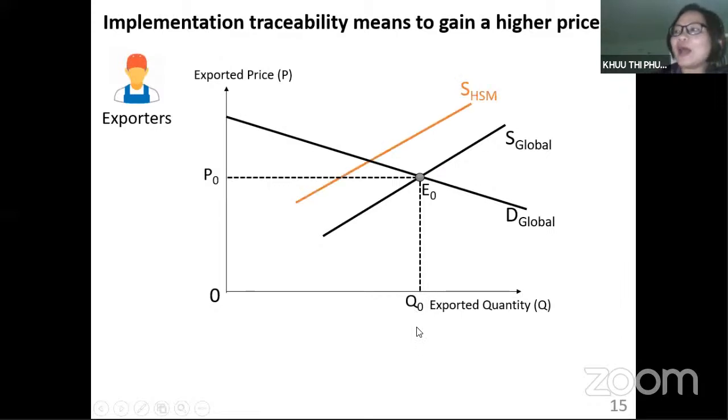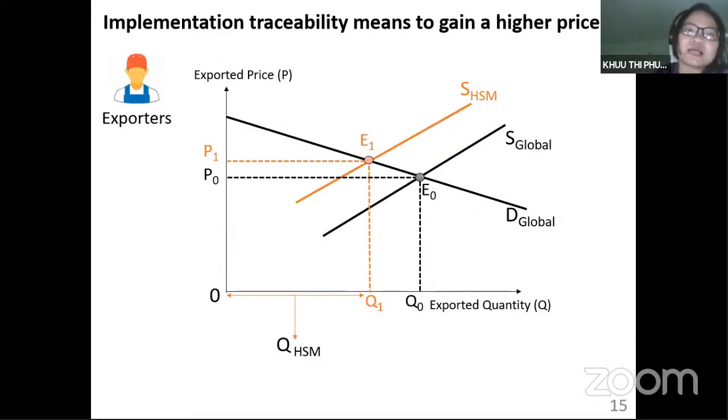And if we are the suppliers who satisfy the requirement of high standard markets, we can get a higher price, because not all suppliers can be accepted by the high standard market. That's why we can get a higher price if we can apply traceability. That's why we try to gain benefit.